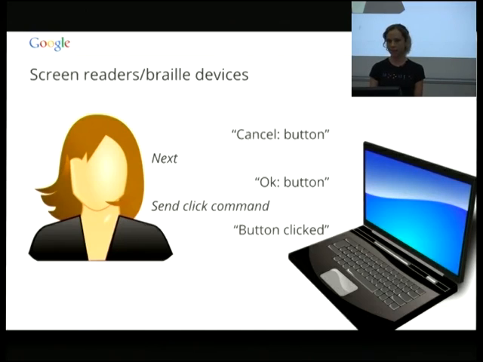So the reason it's saying button is that to a sighted user, it's going to be visually presented as a button. It's going to be obvious what the affordances are. To a screen reader user, this needs to be explicit. And this is something that I'll revisit a bit later on as well. But the important thing to remember is that you need to be explicit about what role things are playing.